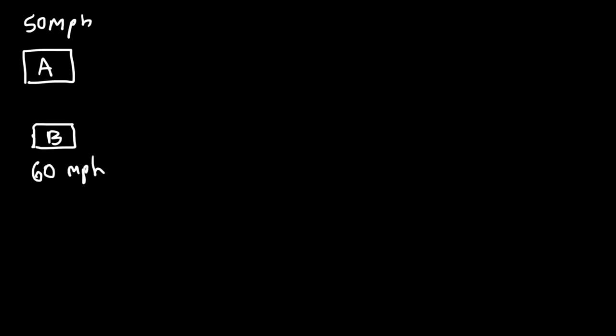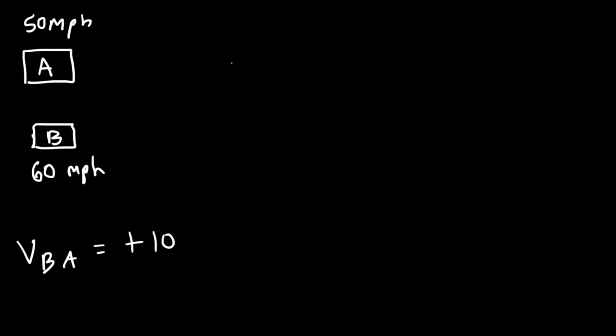So let's say this is A and this is B. A is moving at 50 miles per hour east, and B is moving at 60. Now we said that the velocity of B with respect to A is positive 10. So that means B is going 10 miles per hour faster than A if they're moving in the same direction.